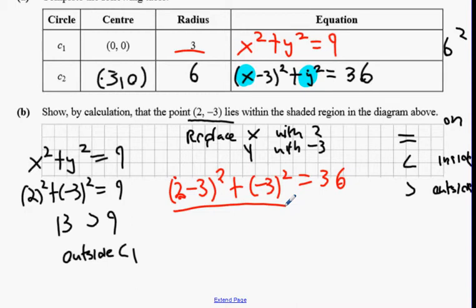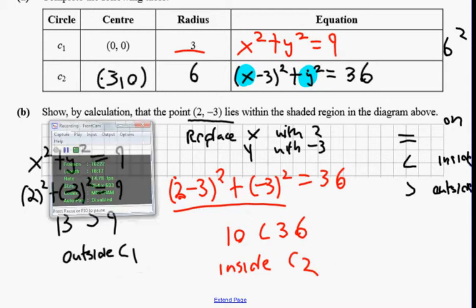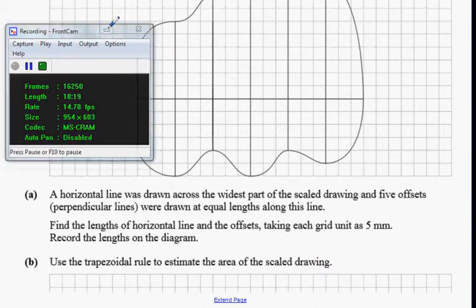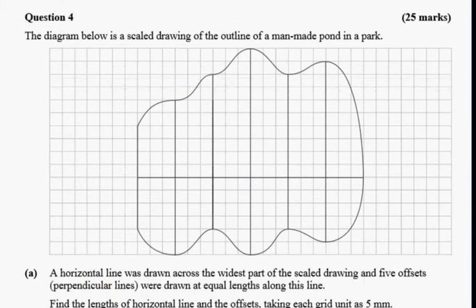Now, I think I get 13. 13 is smaller than 36. It's inside circle 2. Is that right? As predicted, this part here was the part where everybody got their marks.